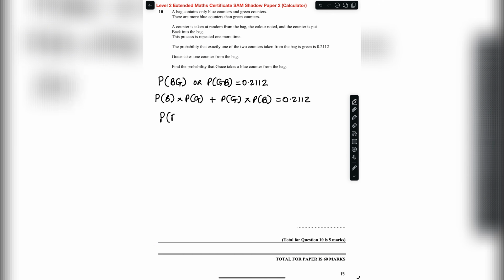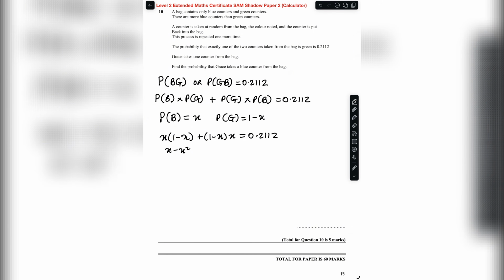We can also state that the probability of taking a blue counter is x, and the probability of taking a green counter is 1 minus x. And using this equation right here, we can simply state that x multiplied by 1 minus x plus 1 minus x multiplied by x equals 0.2112. So x minus x squared plus x minus x squared equals 0.2112.